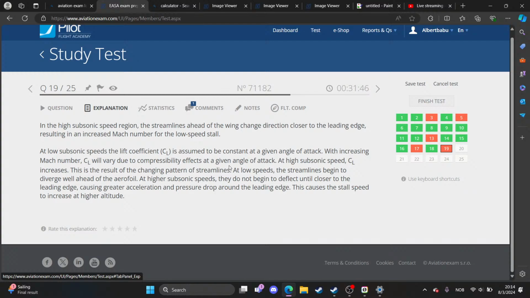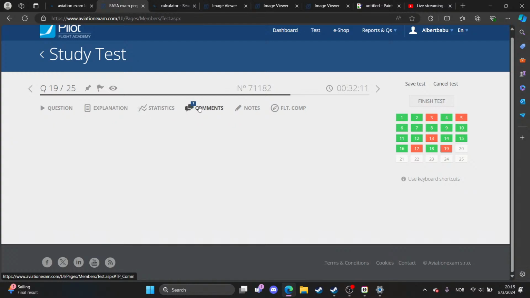Low speed, blah blah blah. At a high subsonic speed, they do not begin to deflect until closer to the leading edge. At low speed, the streamline begins to diverge ahead of the airfoil. At higher subsonic, they do not begin to deflect until close to the leading edge, because of the greater acceleration and pressure drop around the leading edge. This causes the stall to increase at higher altitude.